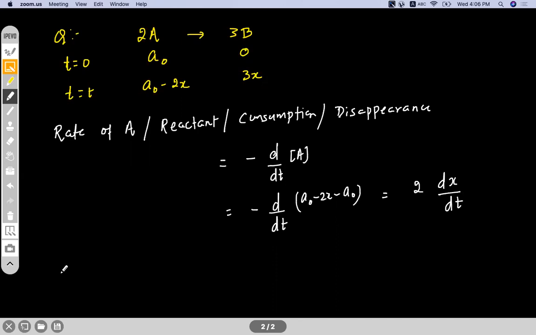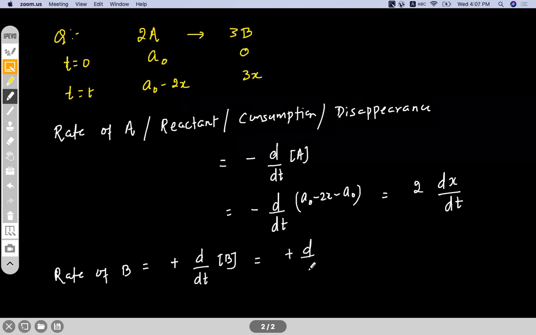Similarly, we also discussed the rate of B, which is just the opposite: rate of product, rate of appearance, and rate of production. All are the same thing, equal to plus d by dt of the concentration of B, which equals plus d by dt of final minus initial, which is nothing but 3 dx by dt.